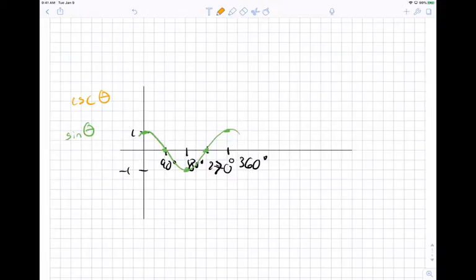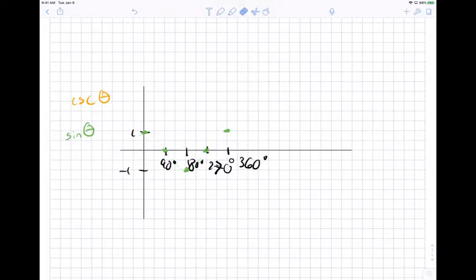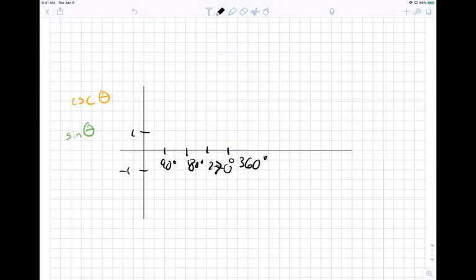You can start from 0. There it is. Let's fix this, and then let's go this way, -90, -180.